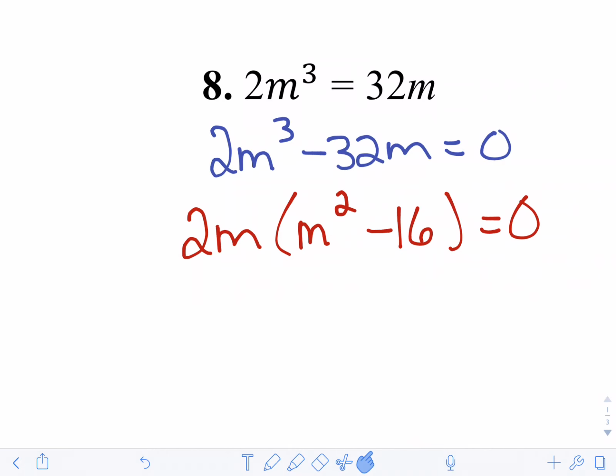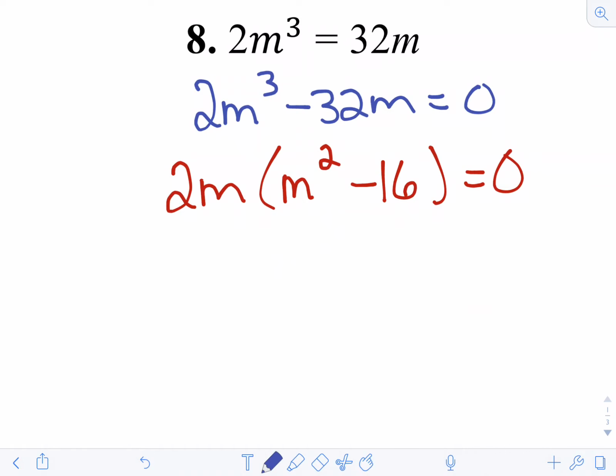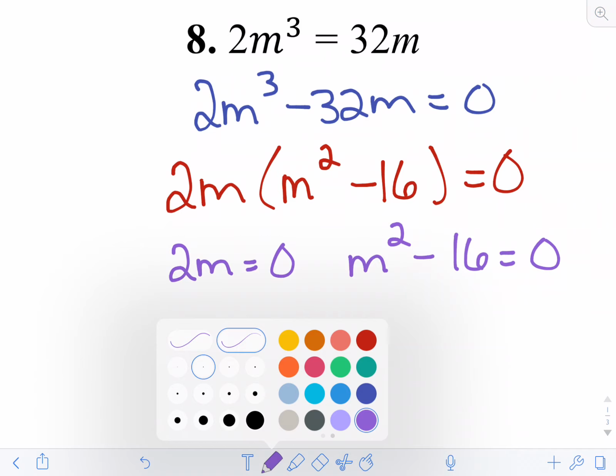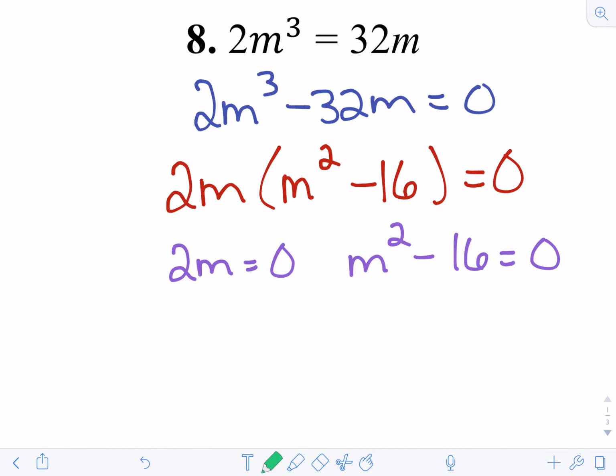Okay, so now we're going to set both of these equal to 0. You have 2m is equal to 0, and you have m squared minus 16 is equal to 0. Solving this first one, if I divide both sides by 2, I get m is equal to 0.